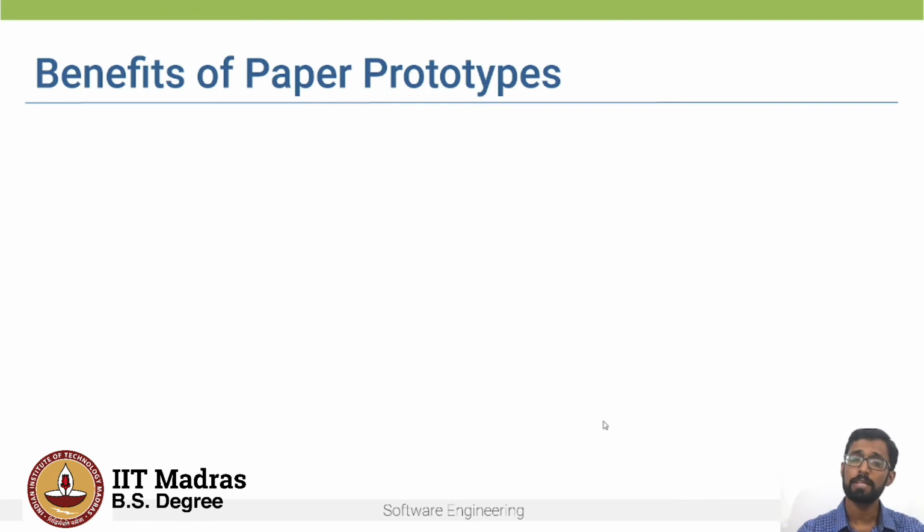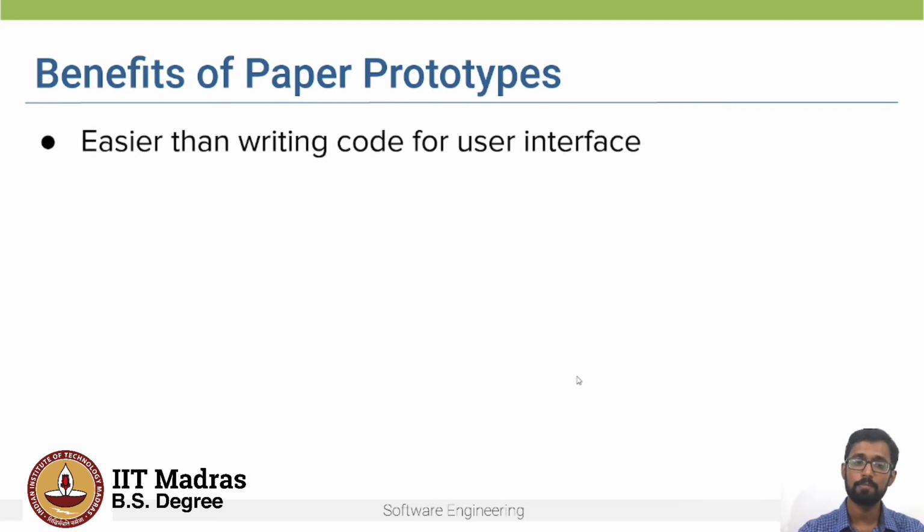So let's look at some benefits of these paper prototypes. One is that it is much easier than writing code for the actual user interface, right? Developing these paper prototypes involves just drawing the different screens on a piece of paper, and hence it's much easier than writing code.